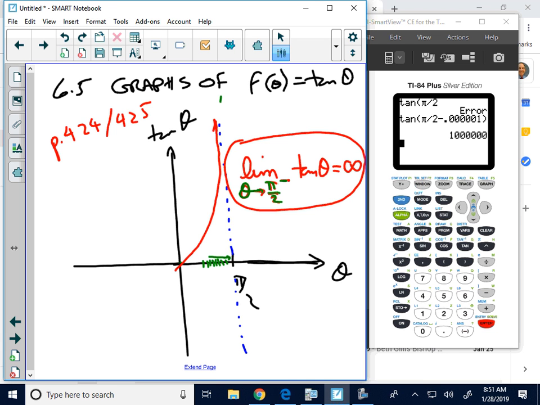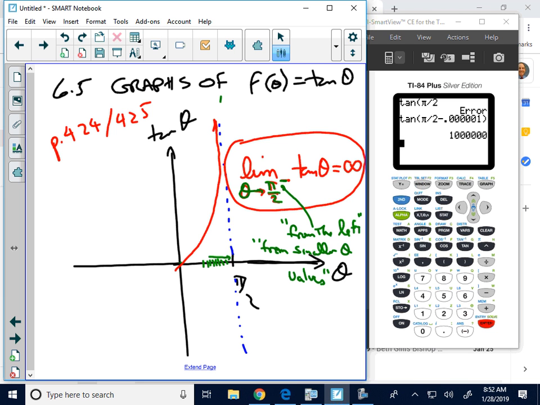This little superscript minus you can think of as from the left, or you might want to think of it as from smaller theta values. Okay, so we're getting close to pi over 2 from smaller theta values. Certainly the calculator here, that's pretty close to pi over 2, but a little bit tinier.